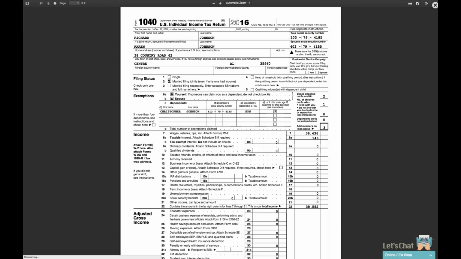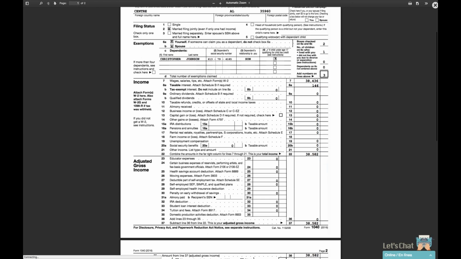Mr. Richard Johnson is reporting a total income of, let's see, W-2 income between him and his wife of $38,436. Plus, they have taxable interest income on Schedule B, as you can see, $146. That brings the total income.